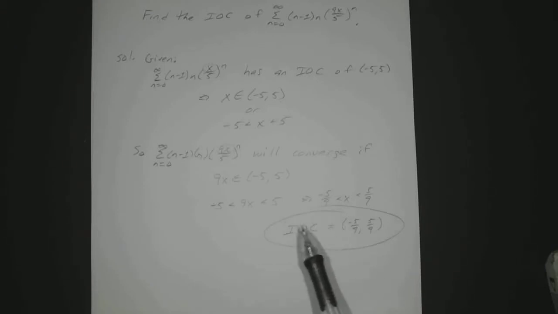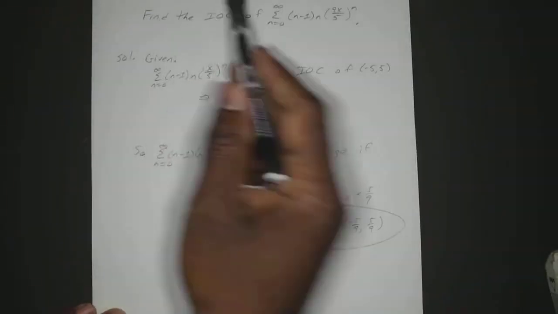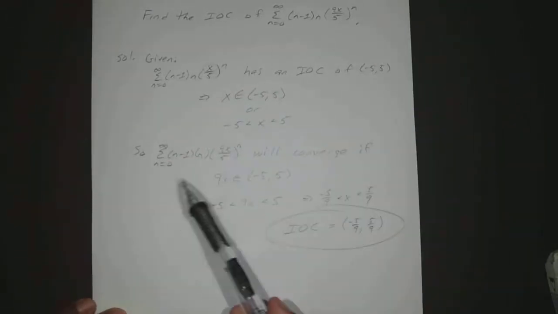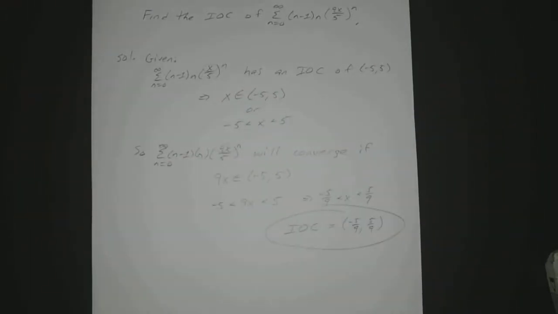So let's say the original had x to the n, and the new one has x over 5 to the n, right? So you would multiply both ends of the interval by 5, right? Yep, so if x to the n was between negative 5 and 5, then that means that x over 5 to the n would be between negative 5 and 5.